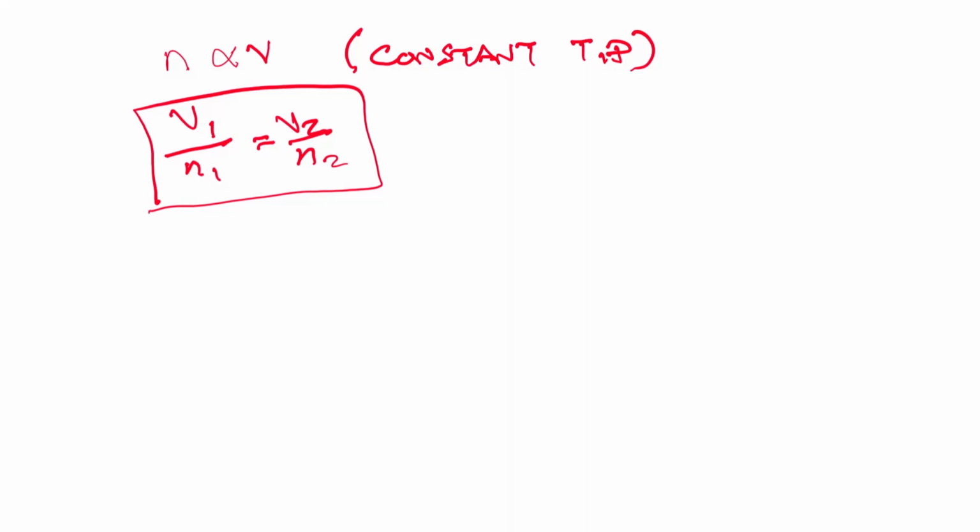Because you need certain conditions to hold, constant temperature and constant pressure, it would be useful to have a reference point for all of these things. So we're going to call different reference points different names so that they're convenient. One that gets used pretty often is called STP, which stands for standard temperature and pressure. This has a temperature of 0 degrees Celsius and a pressure of 1 atmosphere.